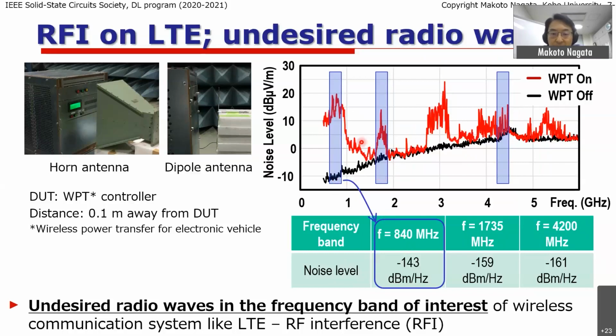So if you put your cellular phone very close to the surface of the WPT controller, because of those undesired radio waves, the interference happens, and sometimes your phone cannot operate correctly, or you cannot talk to other people over the phone.